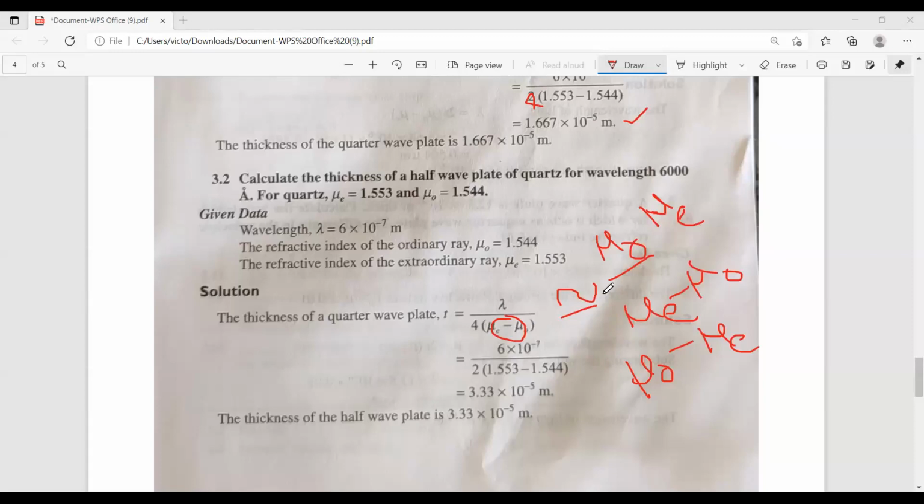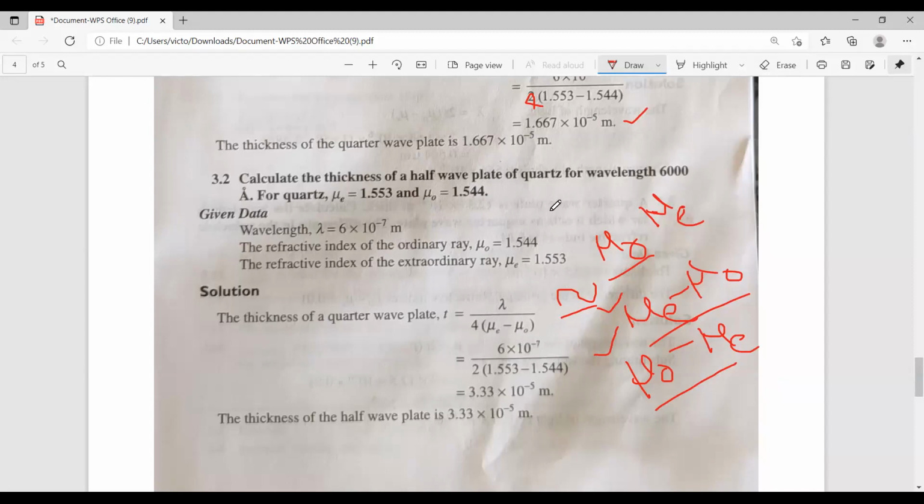If mu E is greater than mu O, then this formula is written as lambda by 4 into mu E minus mu naught. If mu O is greater value than mu E, then this formula is written as lambda by 4 into mu O minus mu E.